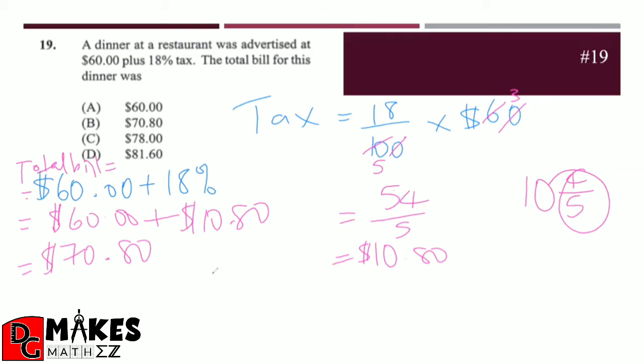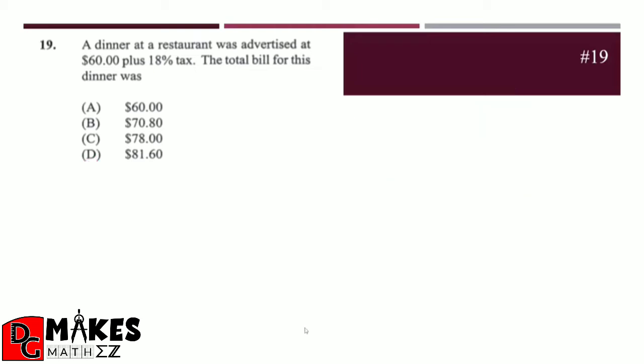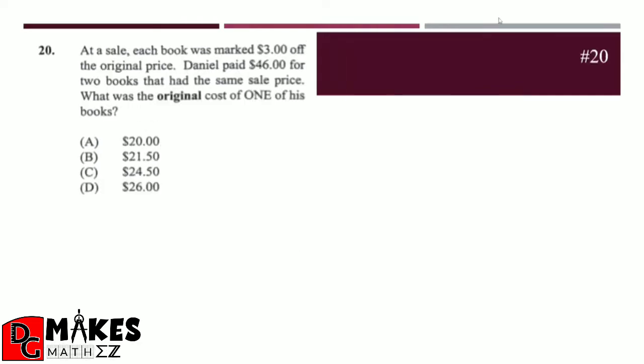Question 20. So let's just get our screen cleared so we can move on. And number 20 says, at a sale, each book was marked $3 off the original price. Daniel paid $46 for 2 books that had the same sale price.